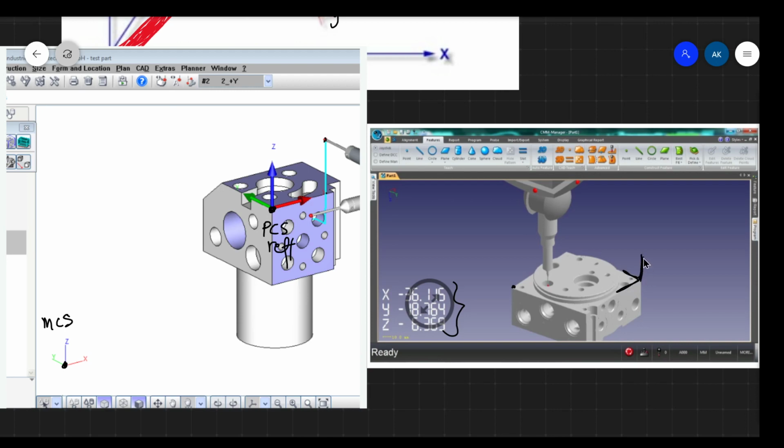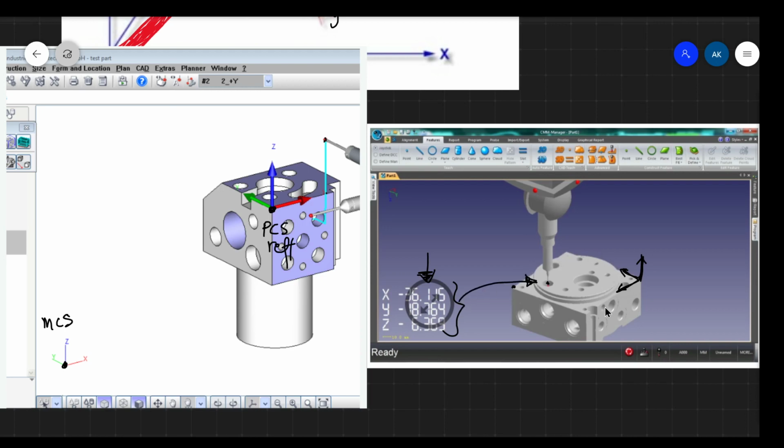Here this part coordinate was not visible, but suppose if this is your x and y and z, so these coordinates are given over here. So this is how the software will show you the different values. So this is the coordinate of one point.